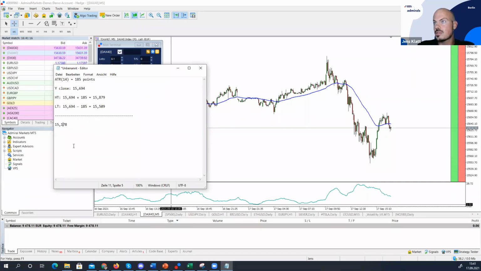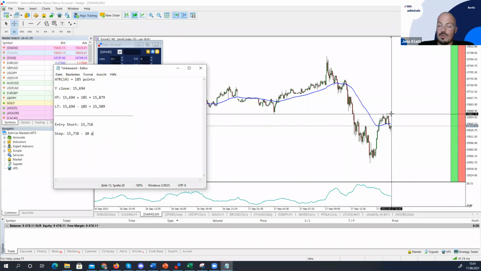So we have the entry short here at 718, and we then say, hey, we work with a stop of 20 points, 738, that way. We have a 20 point stop.